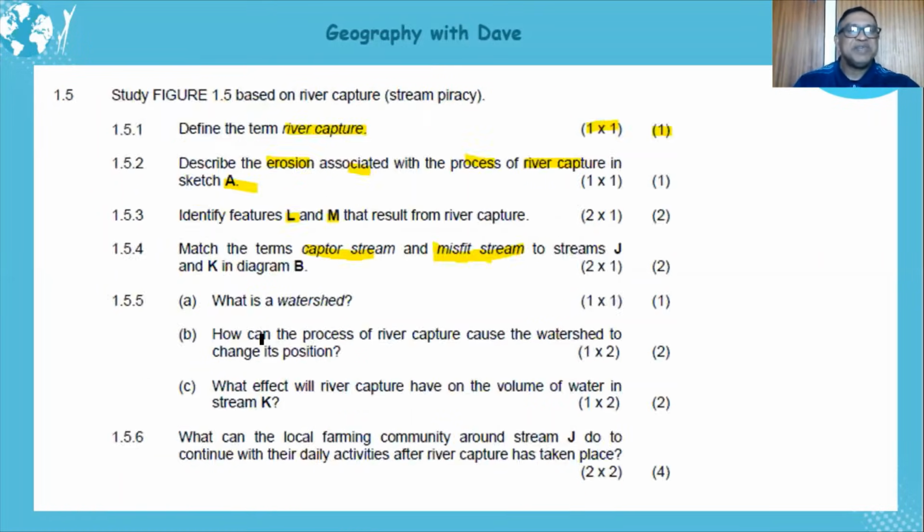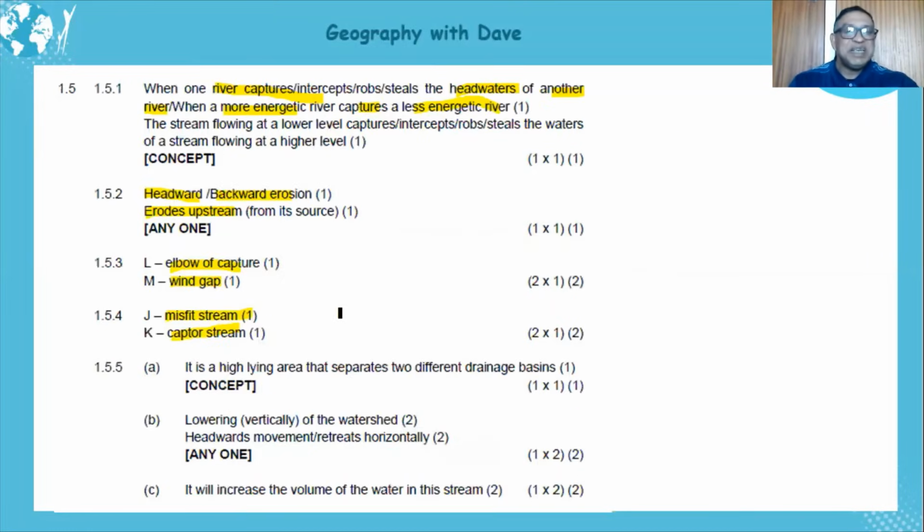All right. Let's look further. What is a watershed? It's a high-lying area separating 2 different drainage basins. A high-lying area. Don't forget that, eh? Like the Drakensberg separates the Tugela River from the Vaal River.